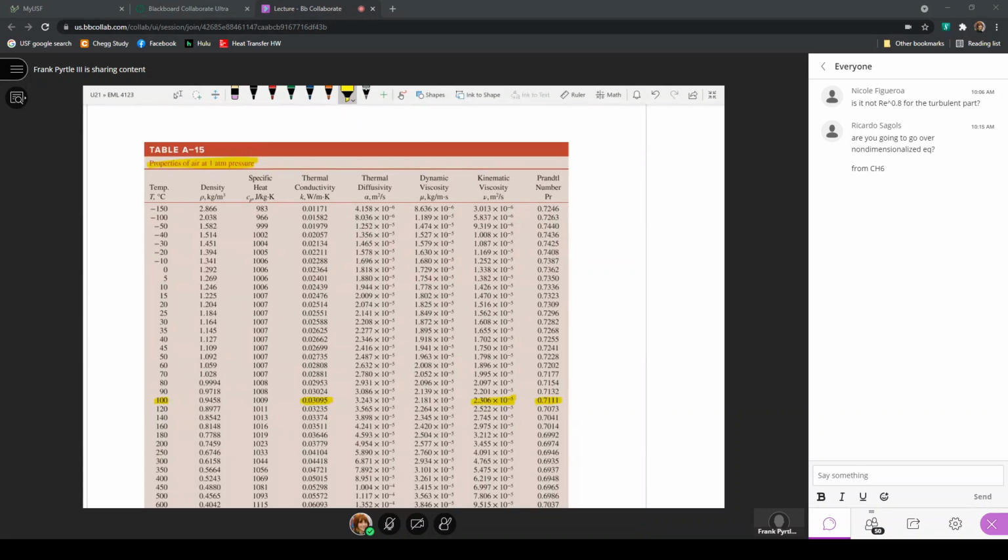Remember, the Prandtl number is defined as the kinematic viscosity over the thermal diffusivity. For numbers much greater than 1, or typically greater than 1, we consider that it's a much better diffuser of momentum compared to thermal energy.